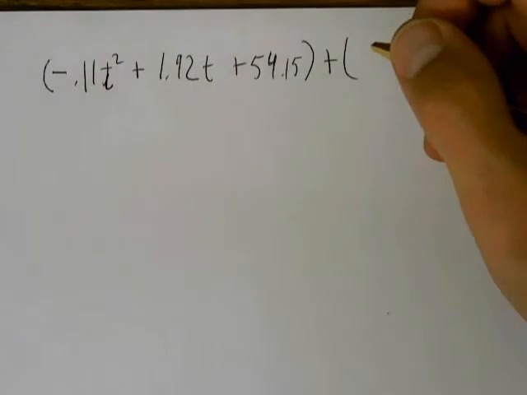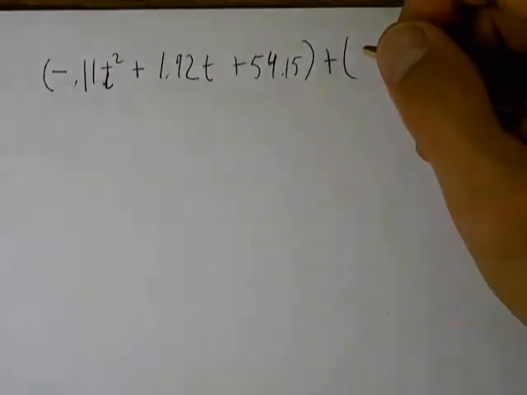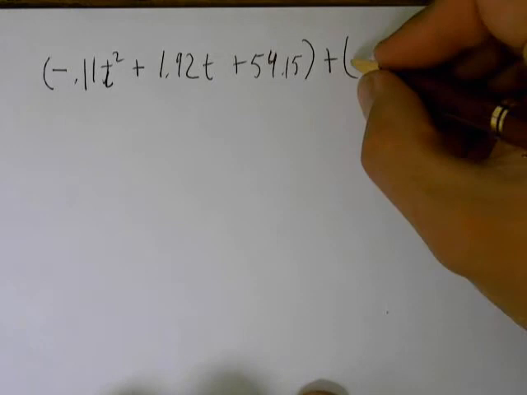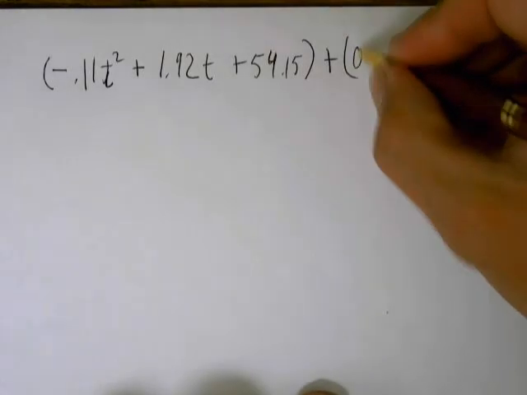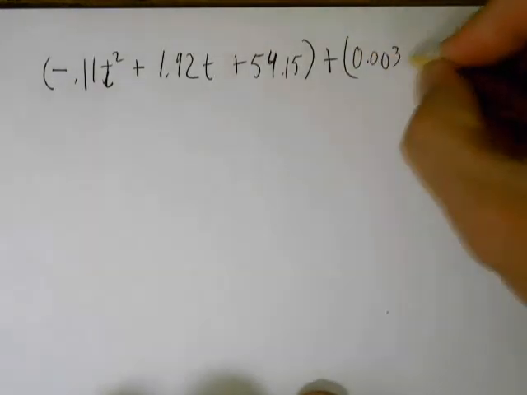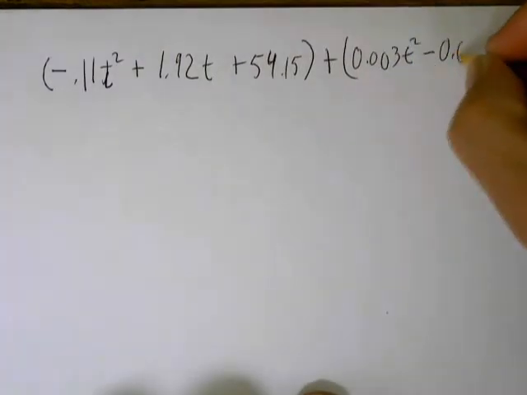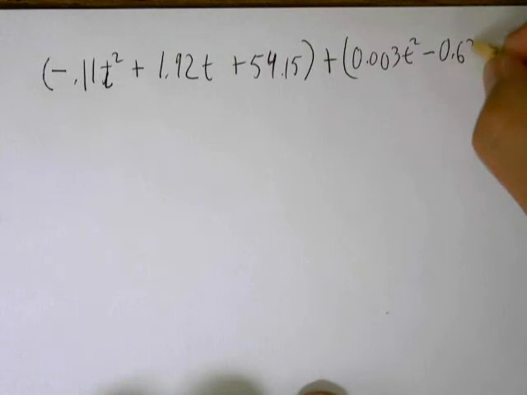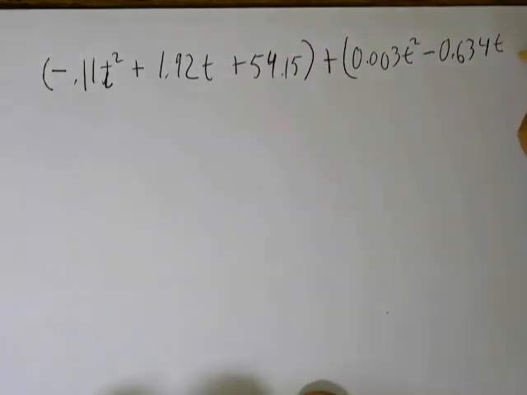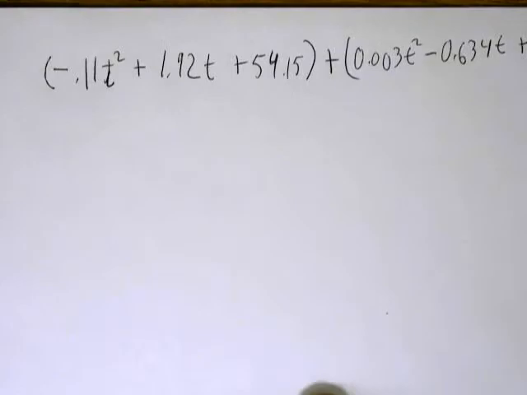We're adding the green grapes to the red grapes, and this is going to be 0.003 t squared minus 0.634 t plus 81.93, and I think I'm off your screen again.